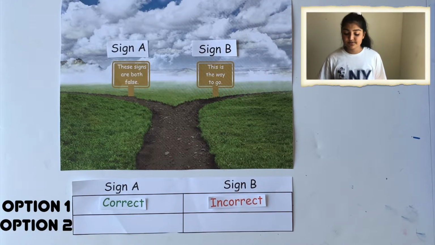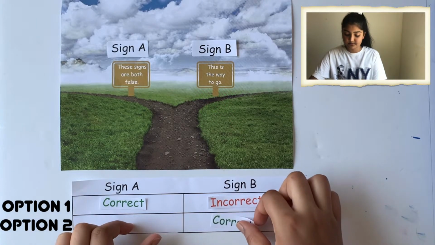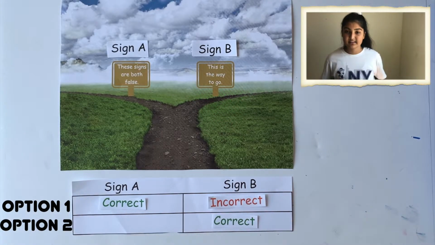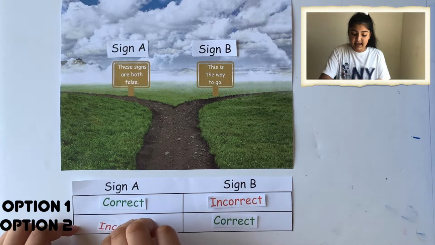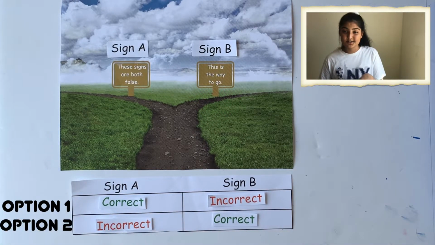Let's assume sign B is correct. And if sign B is correct, that means sign A is incorrect. This gives us two different options.